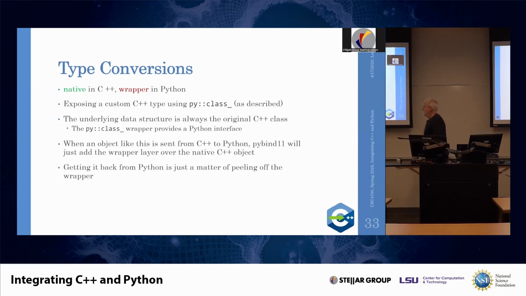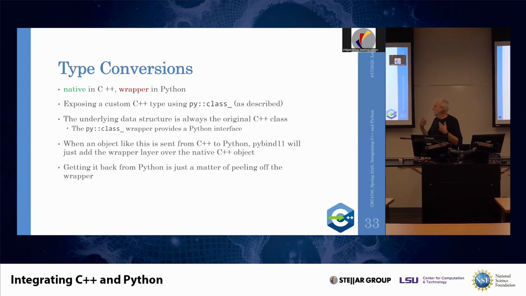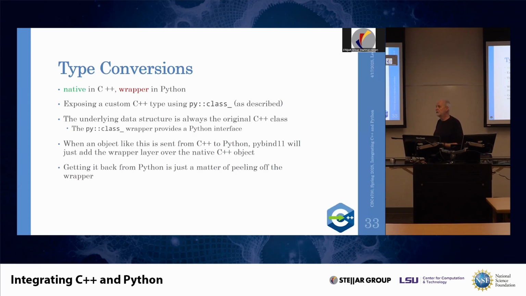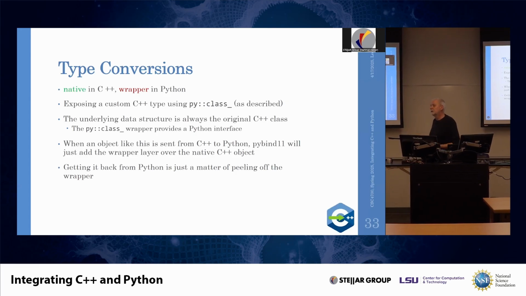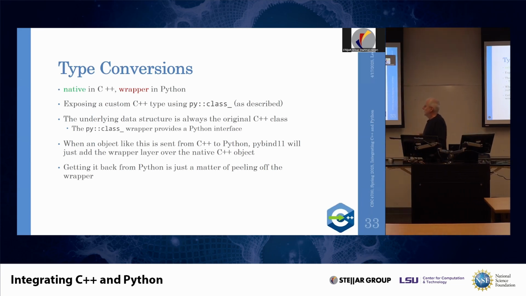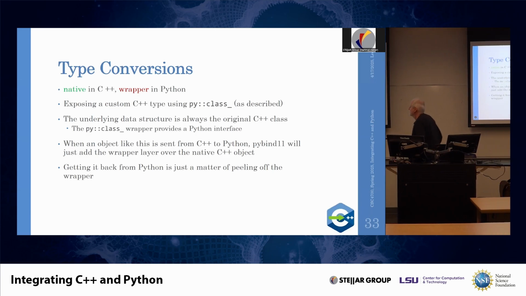When an object like this is sent from C++ to Python, pybind11 will just add a wrapper and give the wrapper to Python. And when such a class comes from Python to C++, it just strips off the wrapper and gives you the underlying native object that is wrapped from the Python side. So it's a straightforward way to do things, and we have seen it with a response type that this works very well.